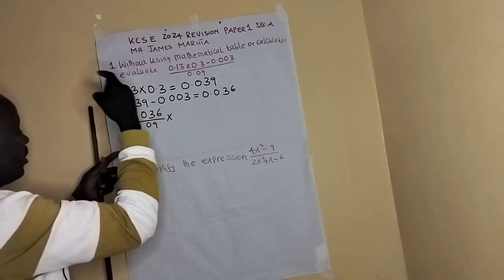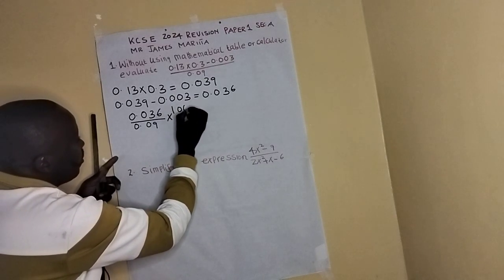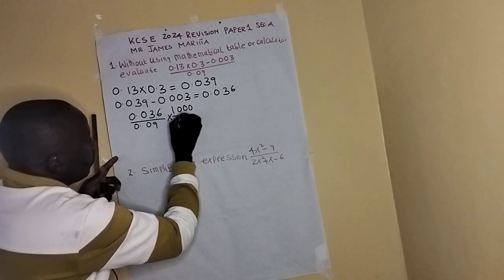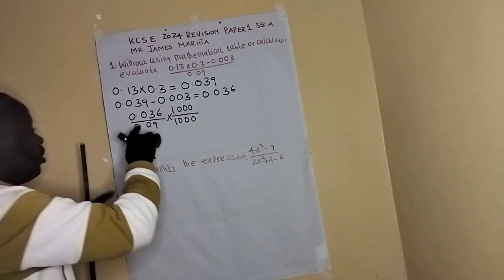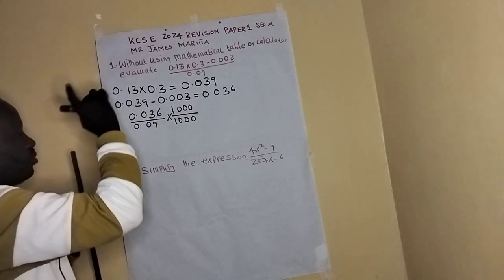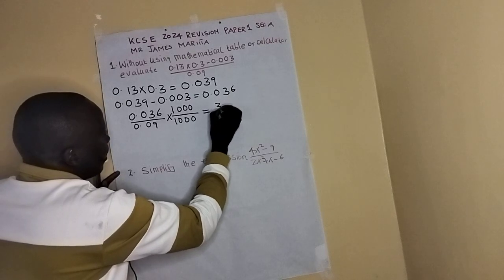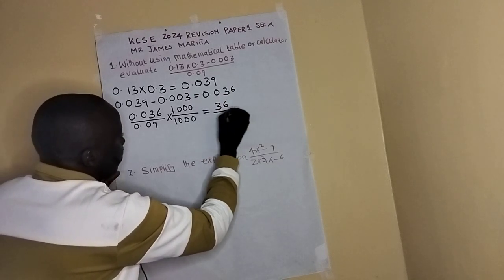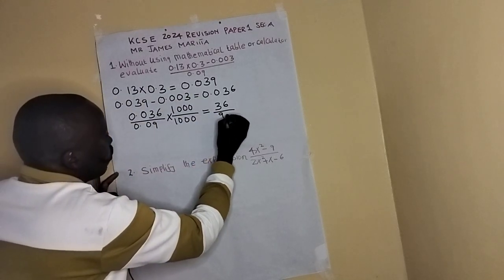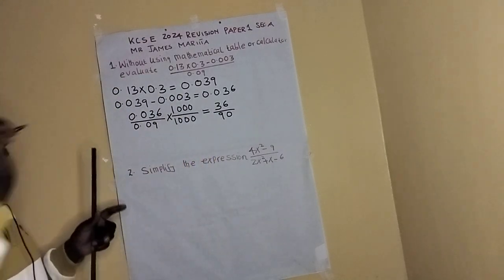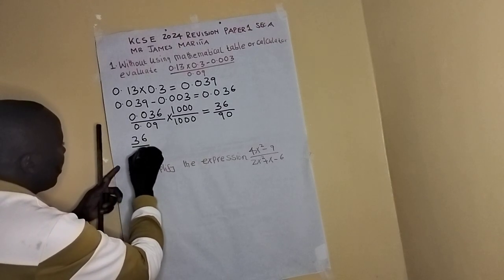The highest number of decimal places is 3, so we multiply this one by 1000, and of course we multiply that one by 1000. So 0.036 times 1000, we get 36. And 0.09 times 1000 is giving us 90. So you take 36 divided by 90.